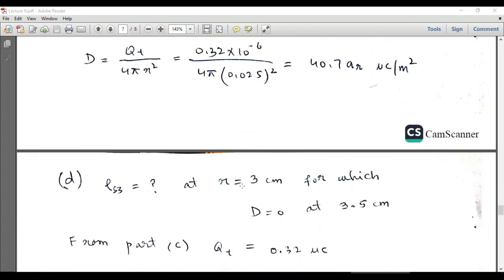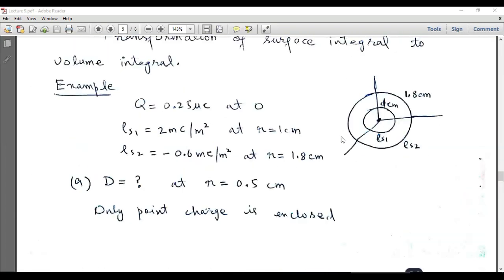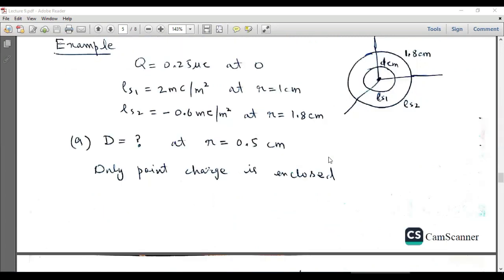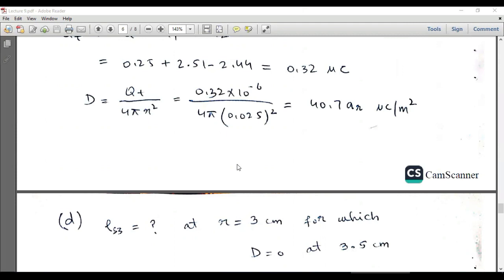And in the D part, we have to put another surface charge density at r equal to 3 centimeters to cause a zero electric flux density at r is equal to 3.5 centimeters. So from part C, we know that Qt is equal to 0.32 microcoulombs. So if we want the electric flux density equal to zero, the electric flux must be equal to zero.